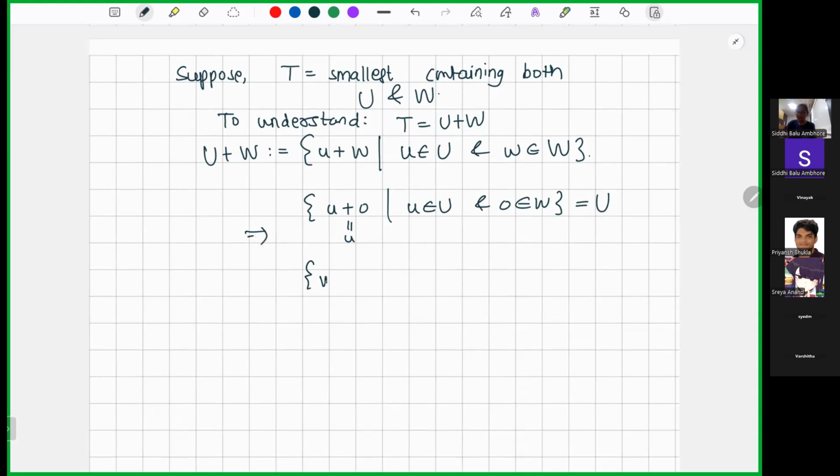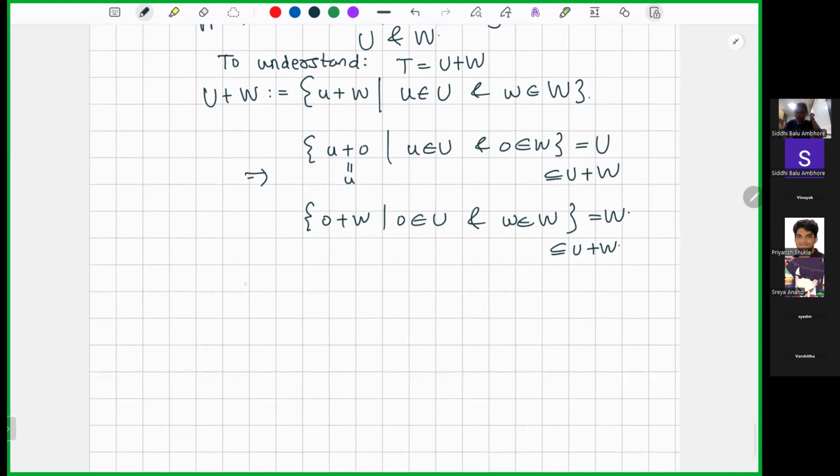And similarly, I can take 0 plus w, where 0 is in U, and so this is my W. Both of these sets are contained in this U plus W, right? So both U and W are in U plus W.